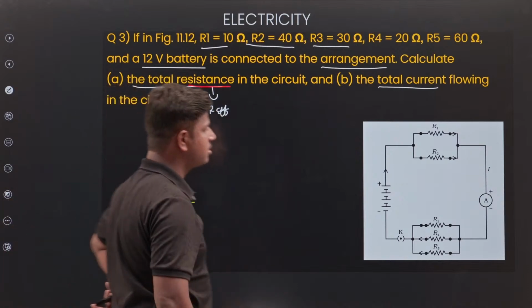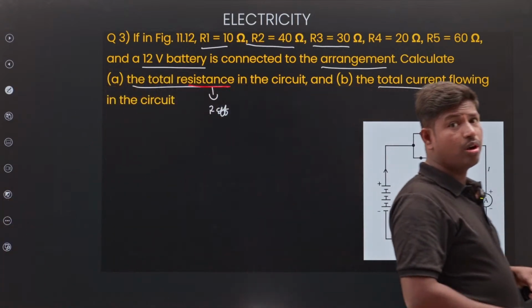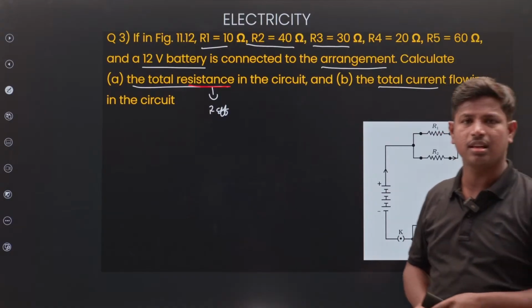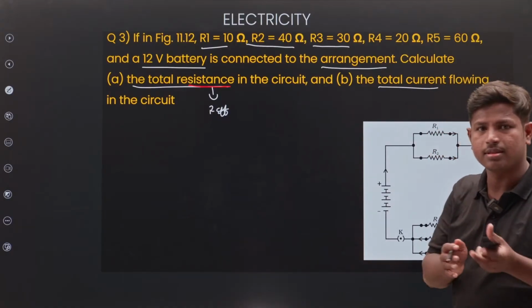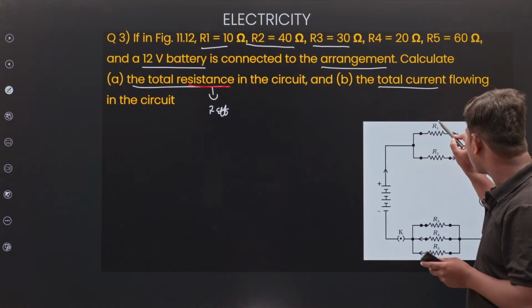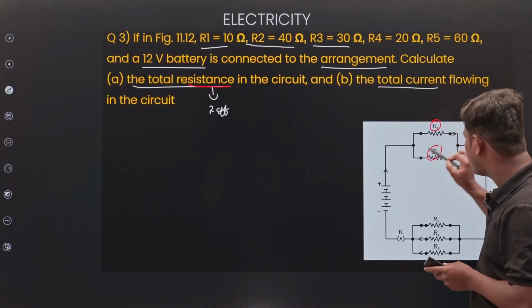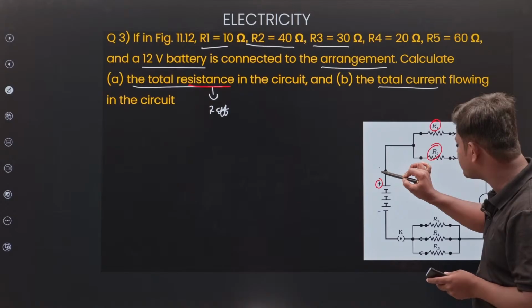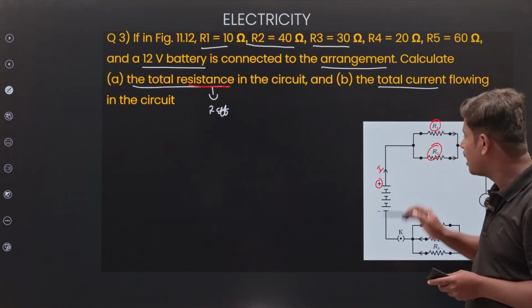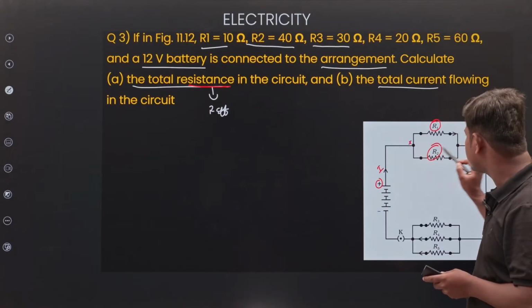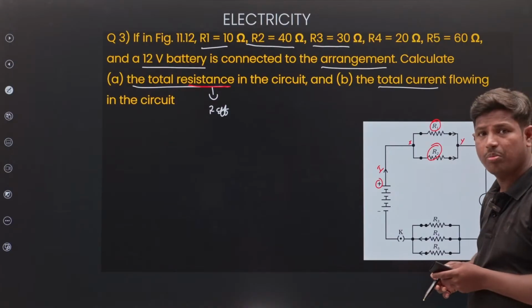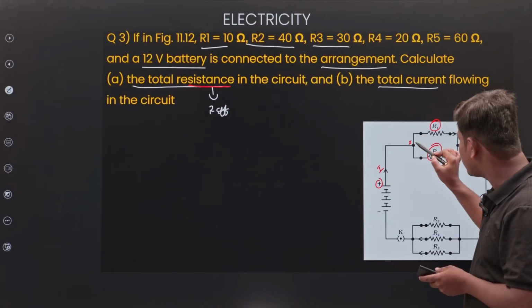Total resistance. See, two different resistor groups are given, right? Here R1, R2. From the battery, I is the amount of current coming. Look at this point, let us take it as X and this as Y. At this point, the current is divided.